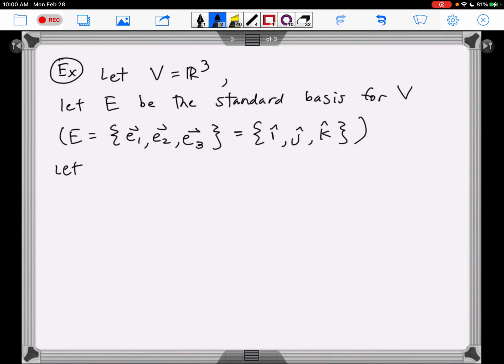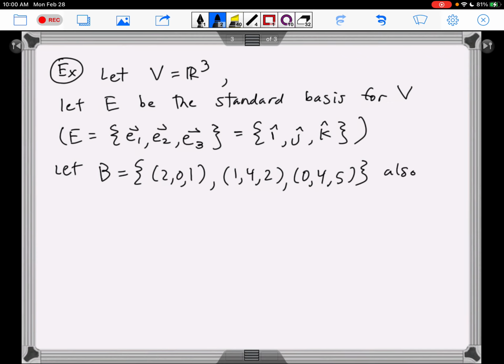And let's let B be a different basis. This one's a little more awkward. Not as nice to work with, but we're using this to illustrate a point. 0, 4, 5, okay? Let B also be a basis for V. By the way, you can check that this is a basis by putting these as columns in a matrix and then taking the determinant and showing that it's not 0.